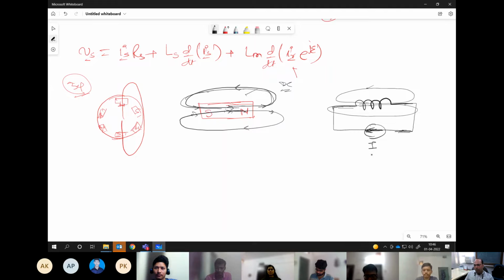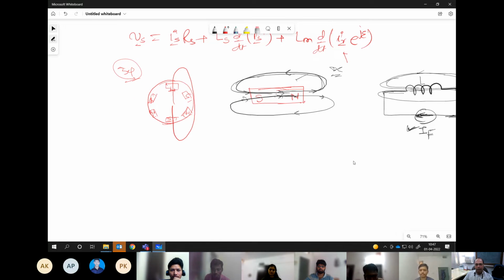So as of now, when we have the PMSM to deal with, we can take some current. Let us say IF, the field current, is there. And this is having inductance L, which is basically the magnetizing inductance. So that will come naturally in the equation. But the current we take as IF, say the field current. Now we don't have just one magnet sitting over there.